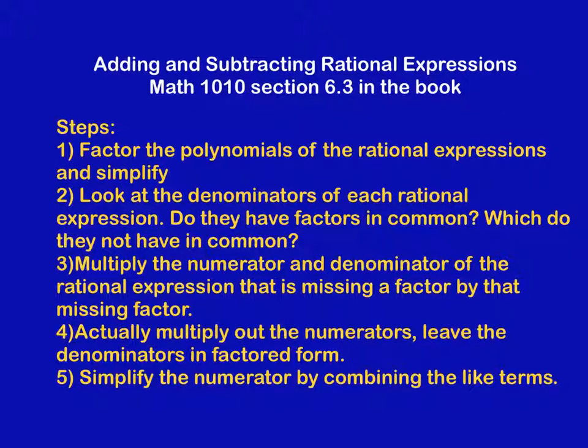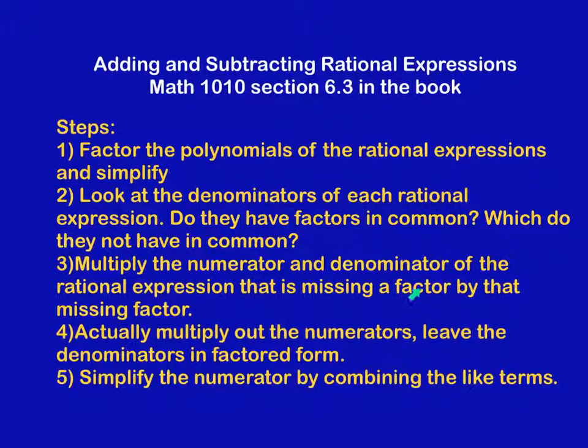Then the second step is to look at the denominators of each rational expression, so each fraction, and do they have any factors in common, and which do they not have in common. The ones that they do not have in common are the ones that we're going to have to multiply by. You multiply the numerator and the denominator by that missing factor, the factor in the denominator that it's missing.